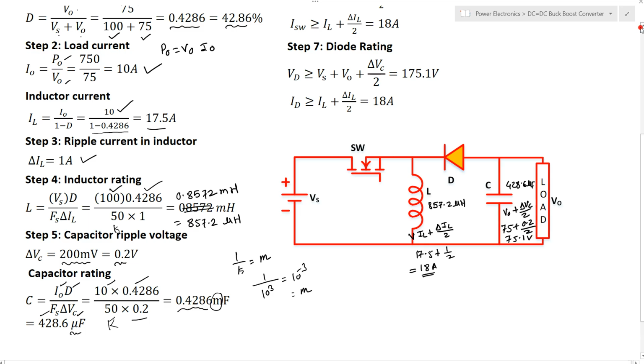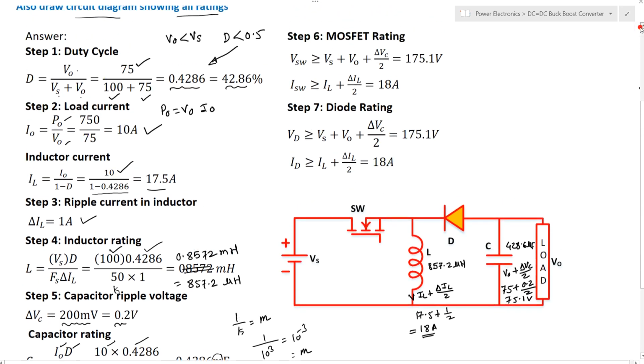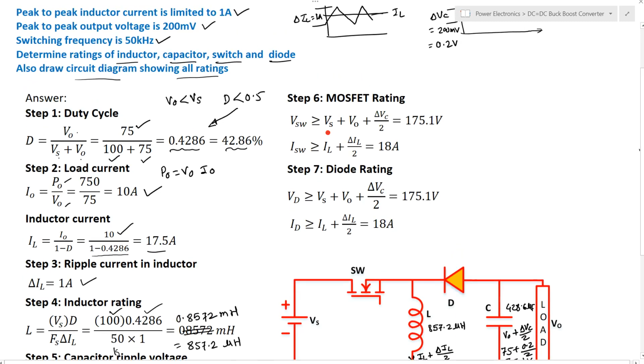So let's come to the switch rating. How to decide the switch rating? In a buck boost converter, the switch rating is equal to Vs plus V0 plus delta Vc by 2. We know that in the buck converter, the voltage rating of the switch must be greater than Vs plus delta Vc by 2.